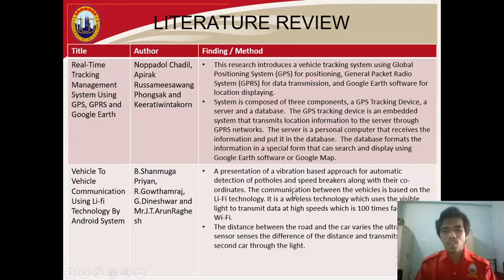The communication between the vehicles is based on Wi-Fi technology. It is wireless technology which uses visible light to transmit data at a high speed, which is 100 times faster than Wi-Fi.